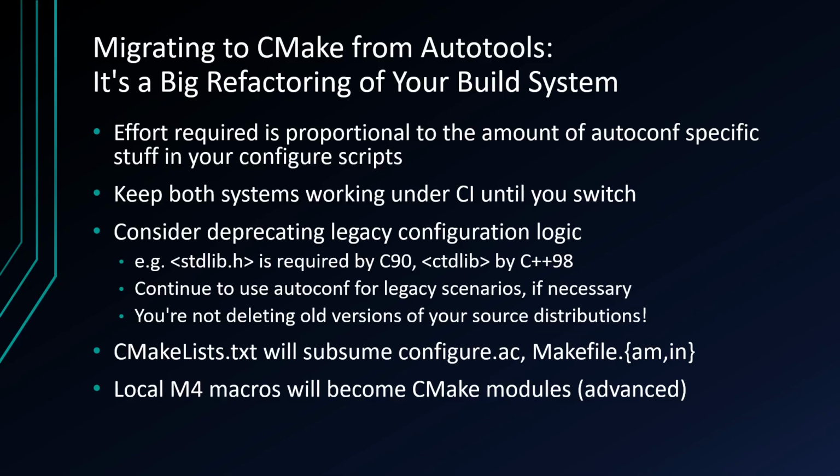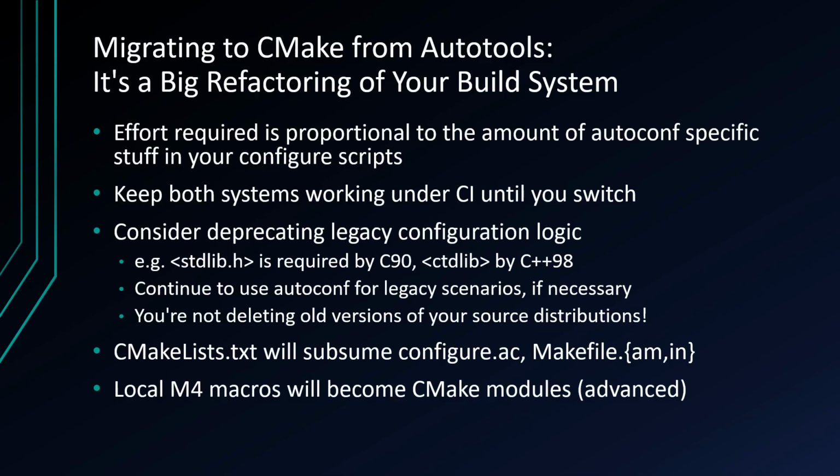And if you do have to support those environments, just keep the Autoconf around, but recommend that people use the CMake version for modern environments, and then just stop updating the Autoconf. Eventually, people will migrate from these older systems and they can switch to CMake at that point. You're not going to go out onto the internet and delete all the old versions of your source distribution. So those older source distributions are always available as an option.